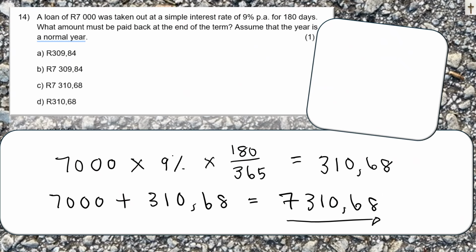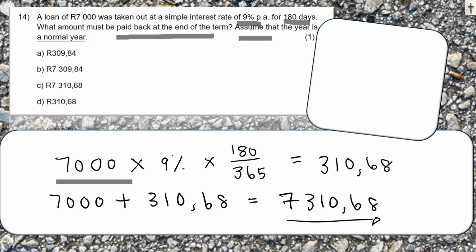Next question. It says a loan of 7,000 rand was taken out at a simple interest rate of 9% per annum for 180 days. What amount must be paid back at the end of the term? Assume that the year is a normal year. So a loan was taken out, simple interest, 9% per annum, 180 days.